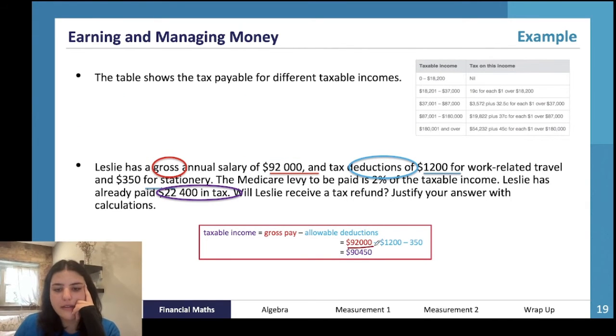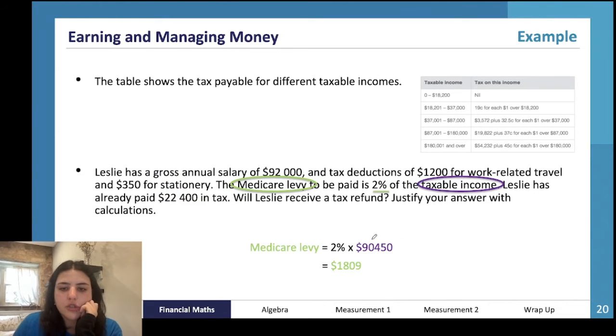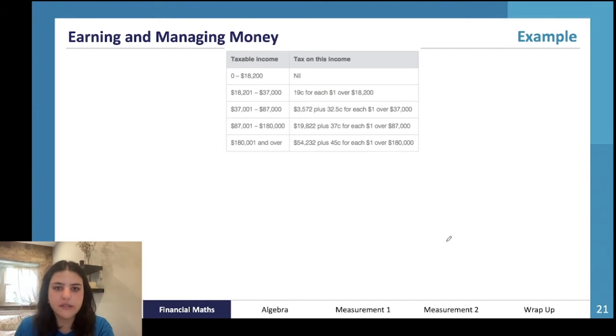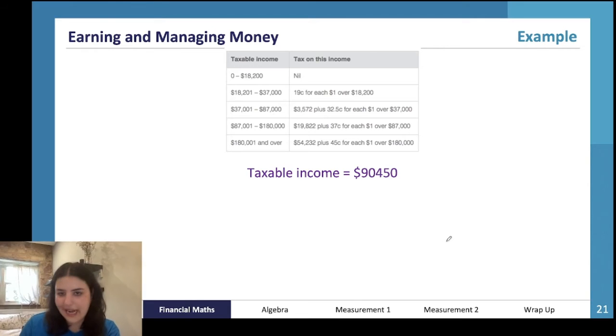So 92,000 minus 1,200 minus 350 gives us a taxable income of $90,450. So we then need to work out the Medicare levy. So we know that we have a taxable income of $90,450. The Medicare levy is 2% of that, which is $1,809.